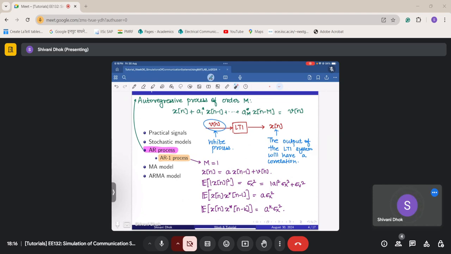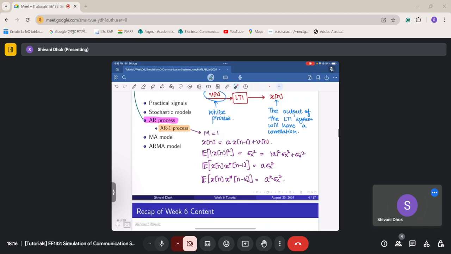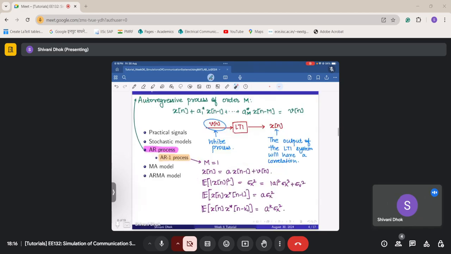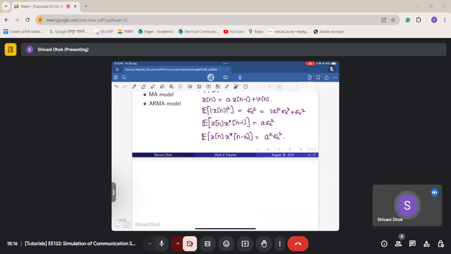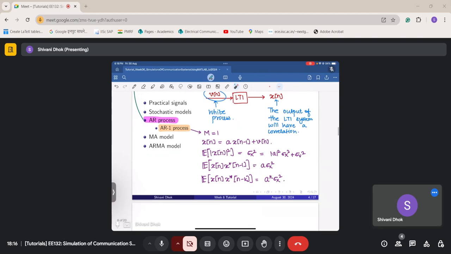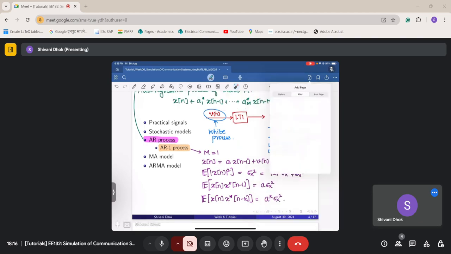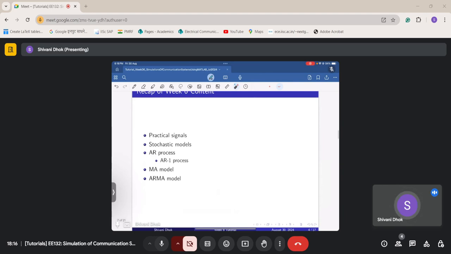Okay, so once we have looked at what is known as autoregressive process, the next thing that we looked at was the MA model, or in other words, the moving average model.